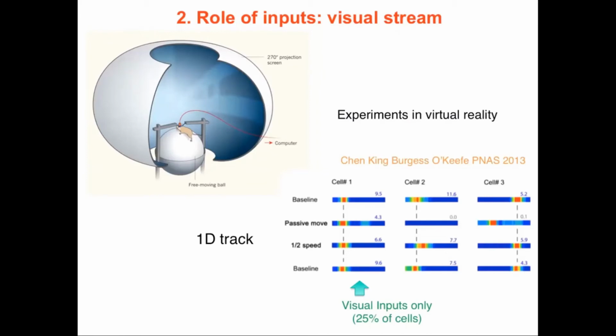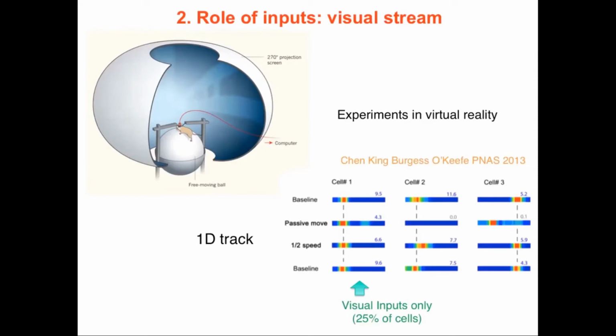If the animal is moving on a 1D track, then you will see that place cells appear, and the activity of these place cells can be measured. Look at the top line here, you see nice place fields corresponding to different positions along the track. Now, what can be done is some kind of decoupling between the way the movie is presented to the animal and the motion of the legs. So, for instance, the movie can be played at a velocity which is 1/2 of the rotation of the ball, or maybe twice.